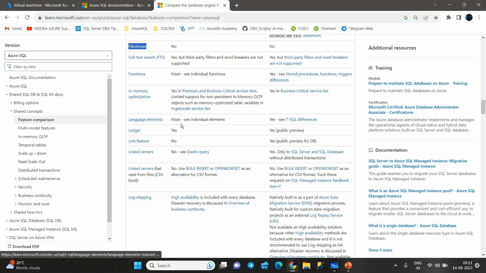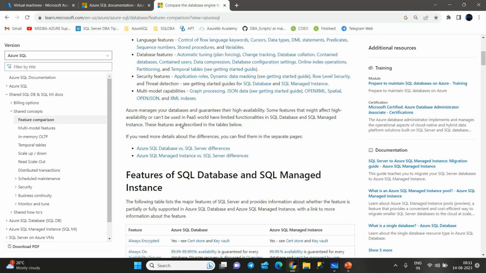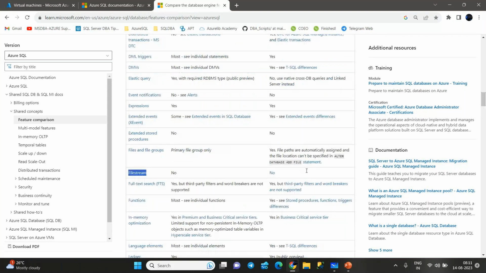Azure SQL database and Azure MI are not compatible with FILESTREAM. Then straight away you will prefer Azure VM, correct?